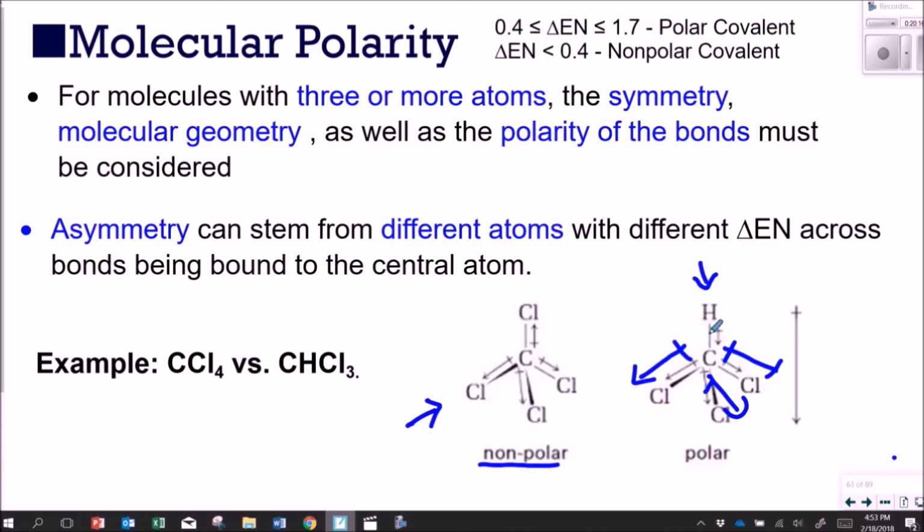So what we end up having is a dipole moment that makes this chlorine side of the molecule more negative than the hydrogen side of the molecule. So we end up with a polar molecule because of this asymmetry.